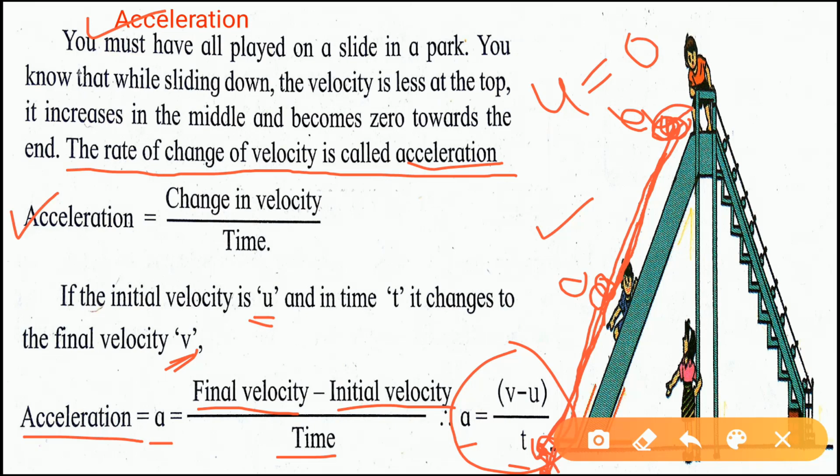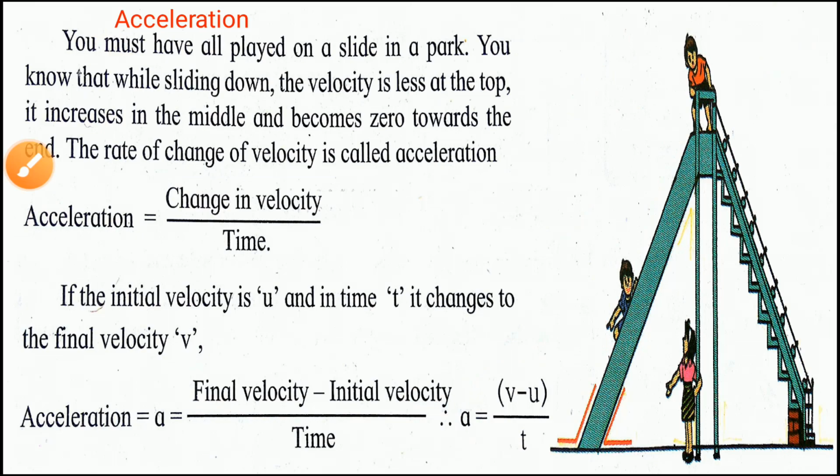At that time you again come into the rest position, so the final velocity is also 0. So at the top and at the end of the slide, the initial and final velocities are 0. Have all of you understood?